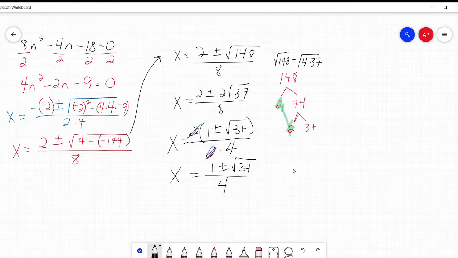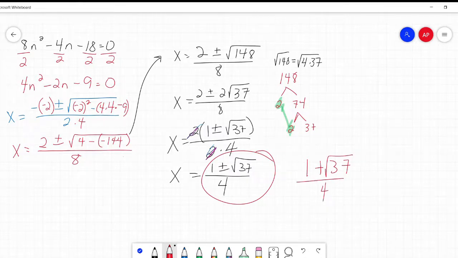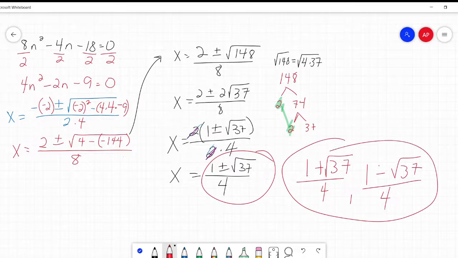Double check with your teacher and see what they want. 9 times out of 10, they either want it left like this, or they may want you to write it side by side, 1 plus square root of 37, 1 minus square root of 37, both of those over 4. Usually it's one of these two. Usually they do not want you to put it in your calculator and get something else.